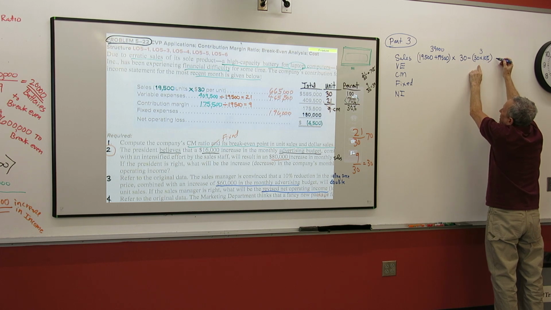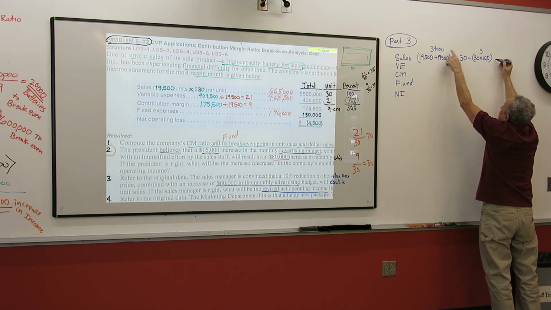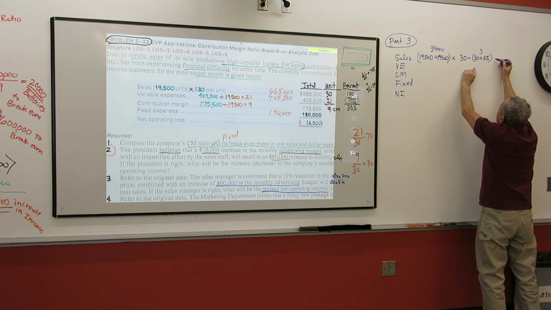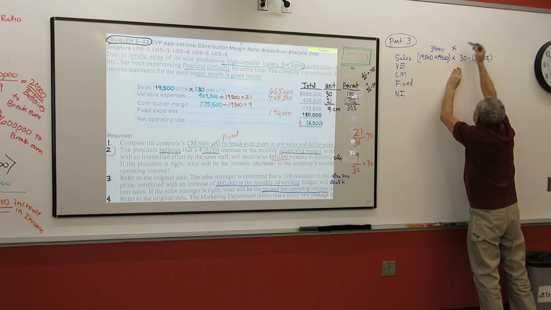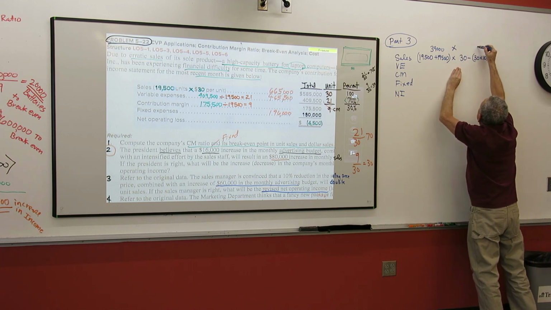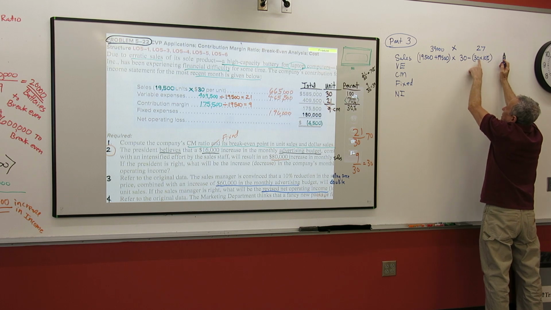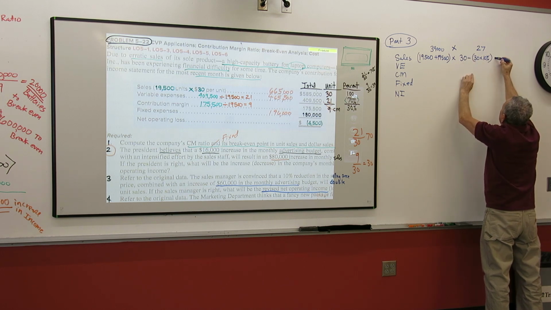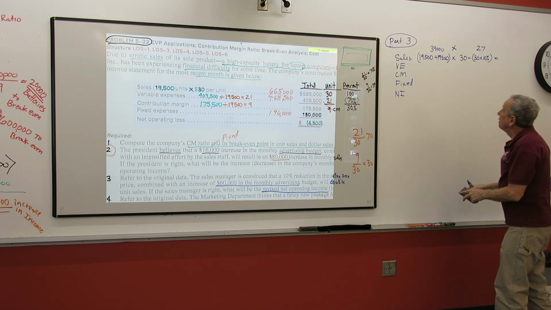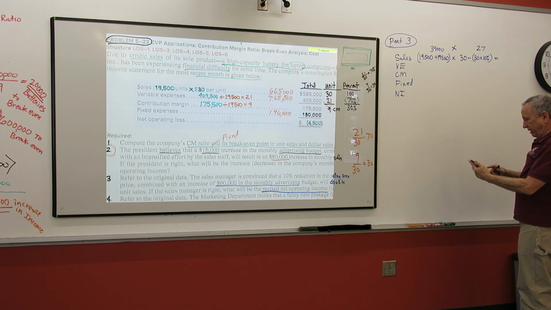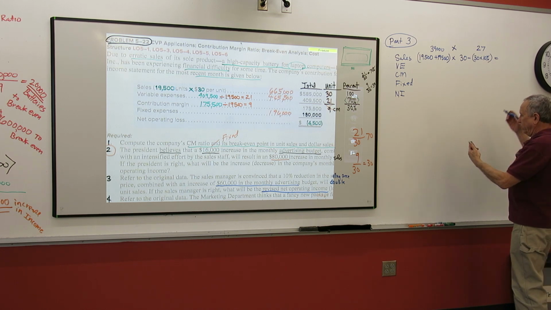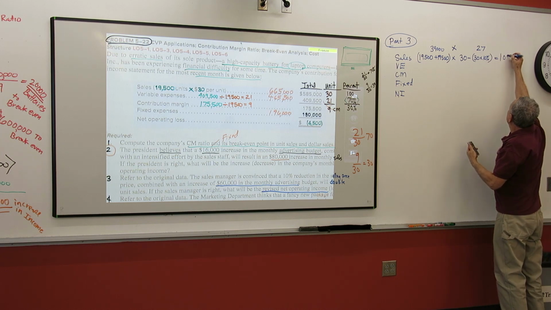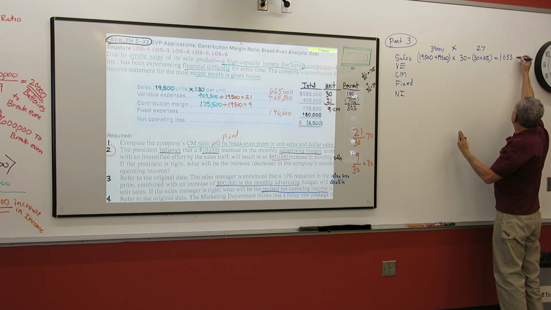So that's really going to be 39,000 times $27, because that's the new selling price. Anyway, 39,000 times $27, $1,053,000 is our new sales.